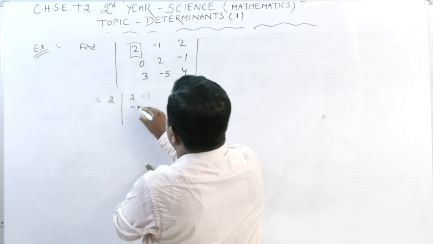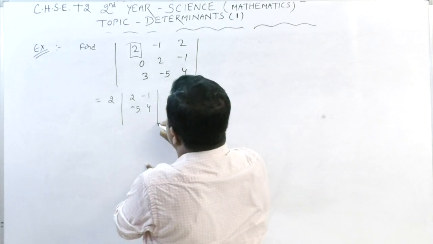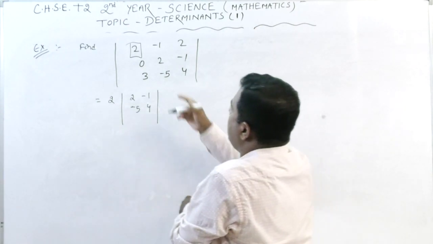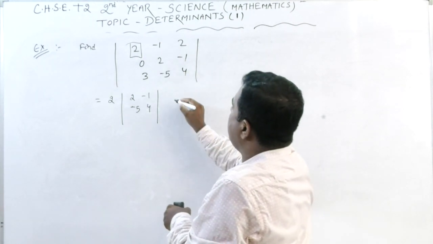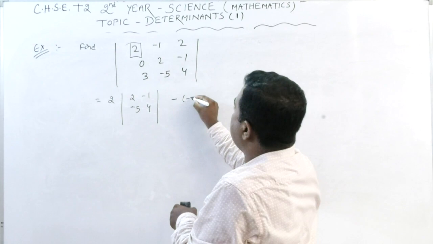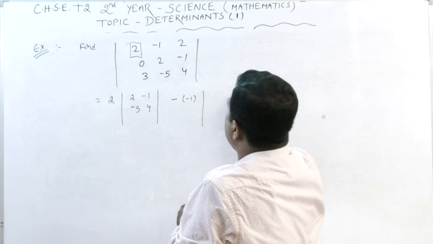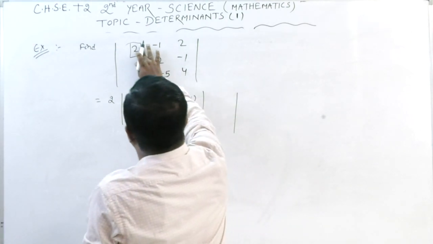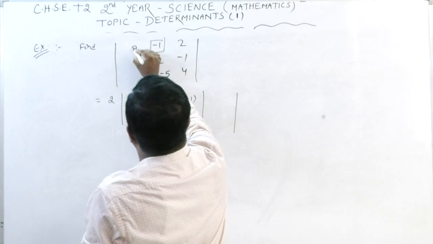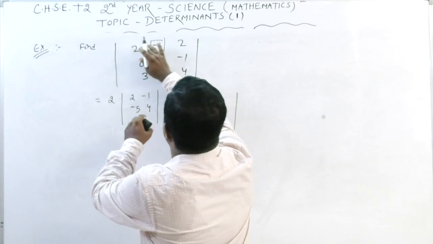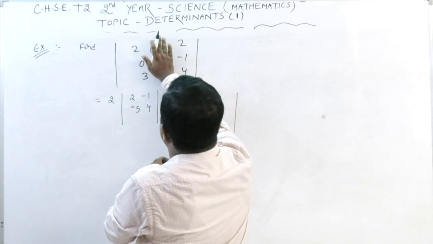2, minus 1, minus 4. Write it in determinant form. Then for the next element, that is minus 1, put a minus symbol and write the next element. Similarly, for the next element, we have to remove the row and the column. So we remove the first row and the second column.